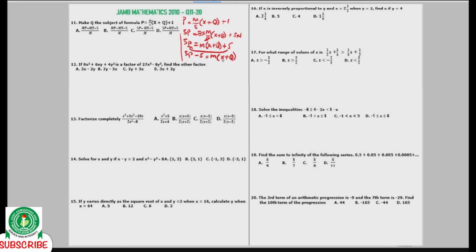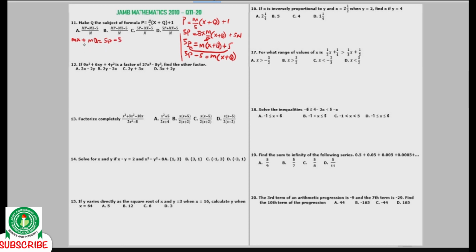So M times X gives us Mx, plus M times Q, which is Mq. I've multiplied that equation out, so Mx plus Mq is equal to 5p minus 5.